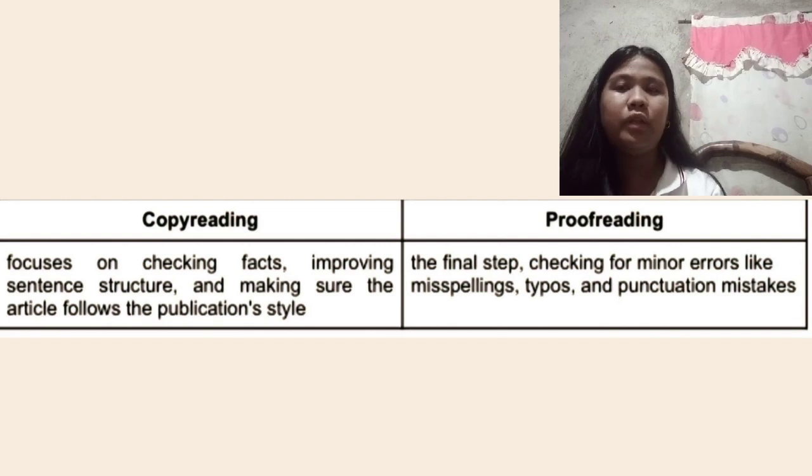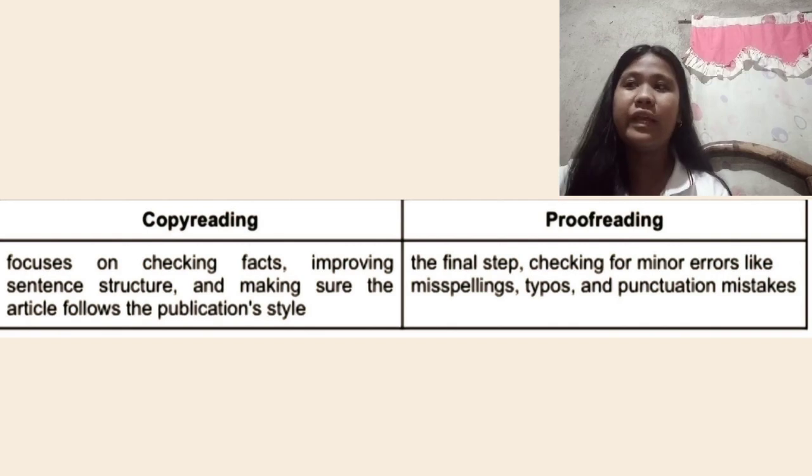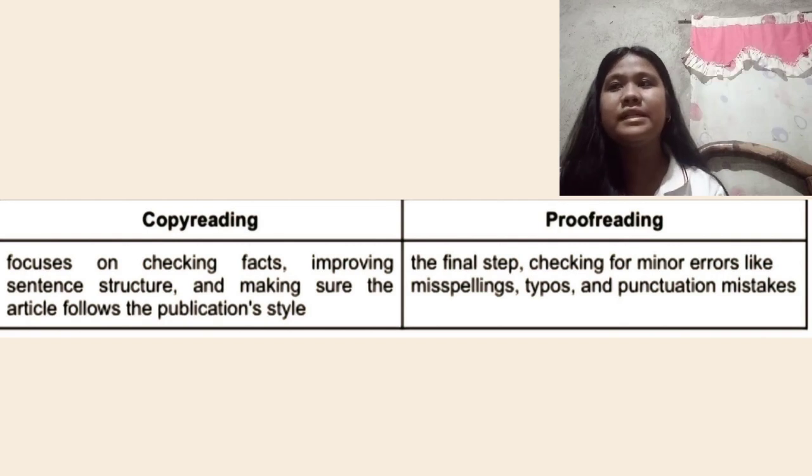For example, a copy reader checks if the article flows smoothly, if the facts are accurate, and if it fits the journalistic tone of the newspaper. Basically, copy reading is about improving the overall quality and clarity of the article.